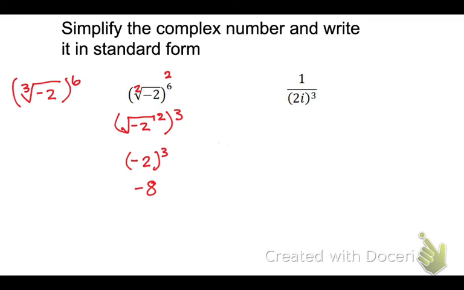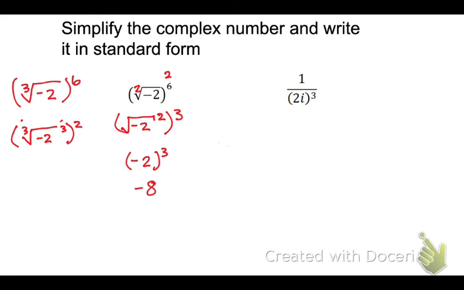Put to, not square, but like cube it. So I would put the cube on squared, right? Well, the 3 up front is the cube root. This 3 out here is cubed. No, multiply.